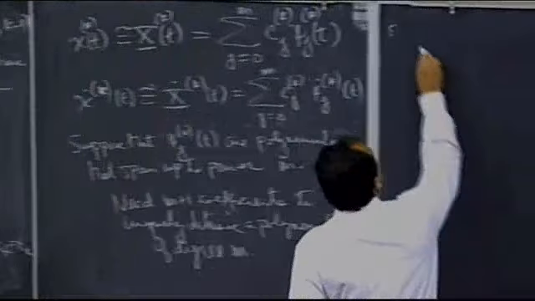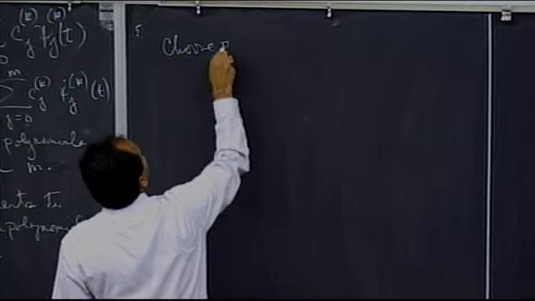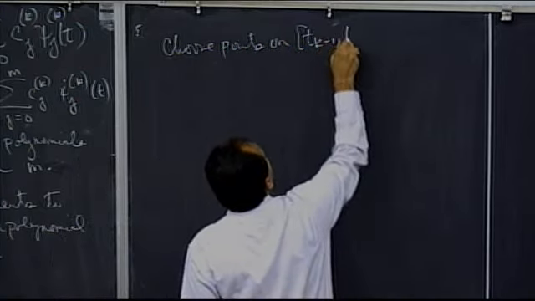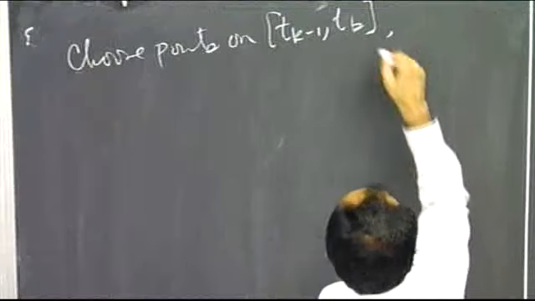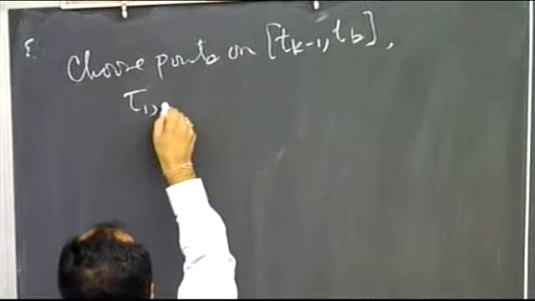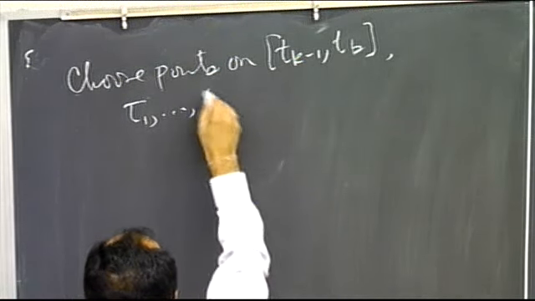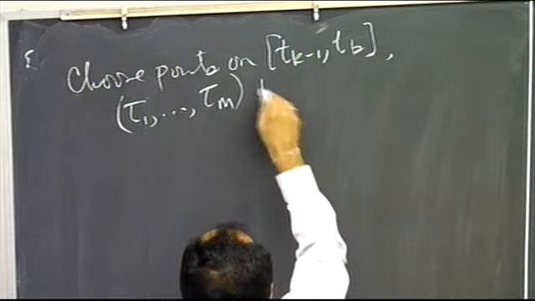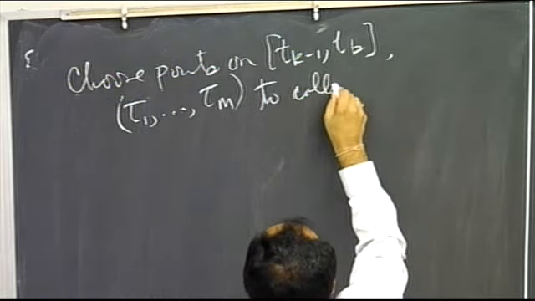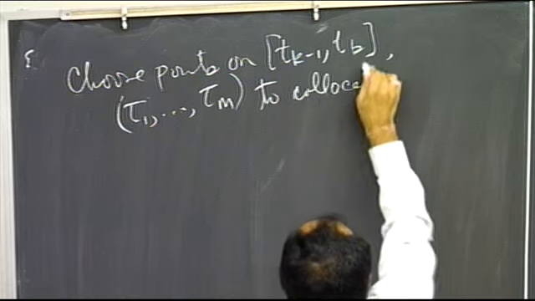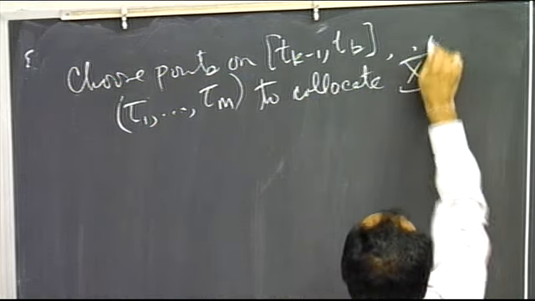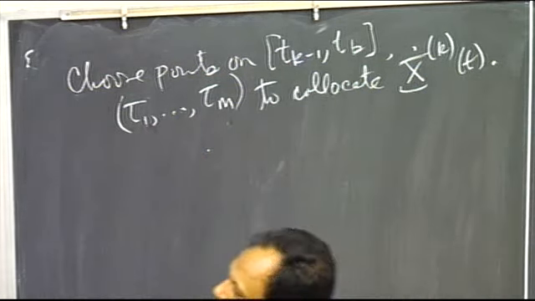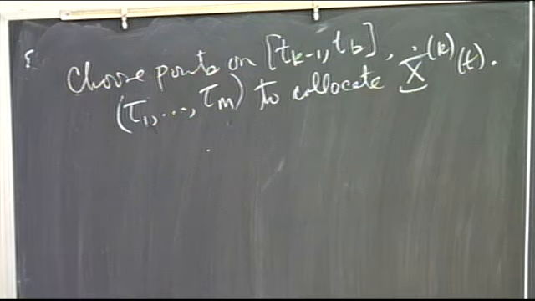So we choose points on each mesh interval, t k minus 1 to t k, and let's call these points tau 1 up to tau sub m, to collocate x dot k of t. Those are the m points that I'm choosing in here.